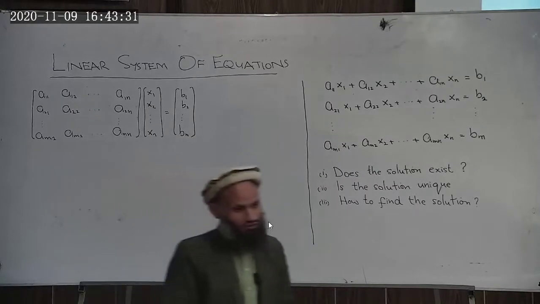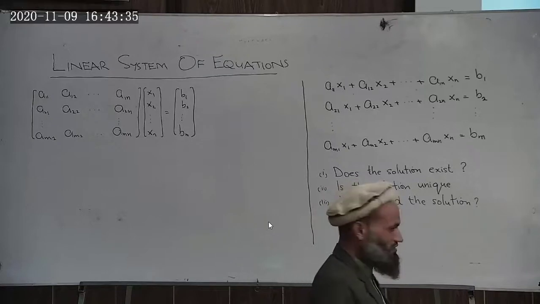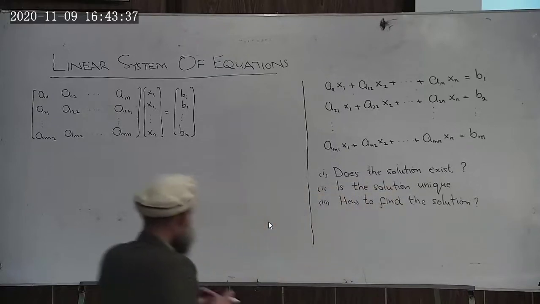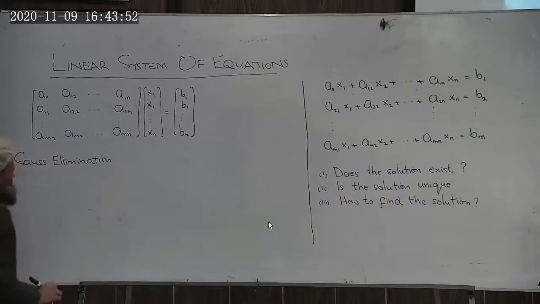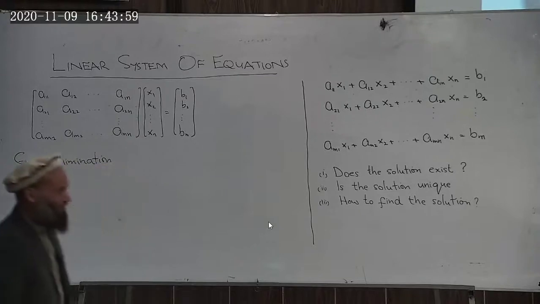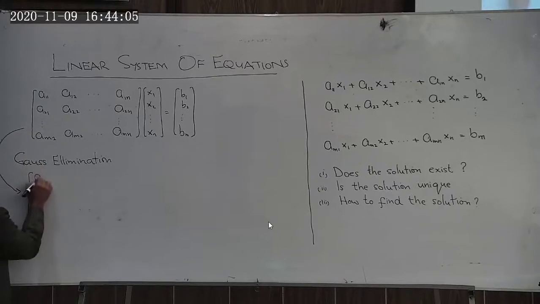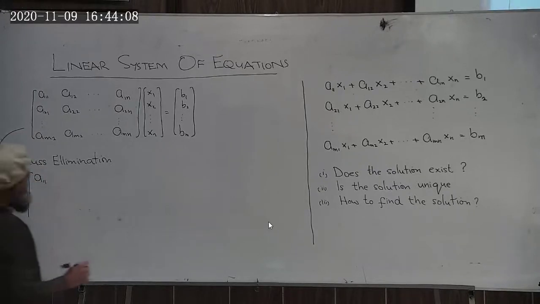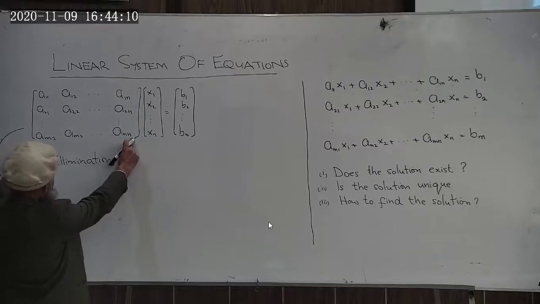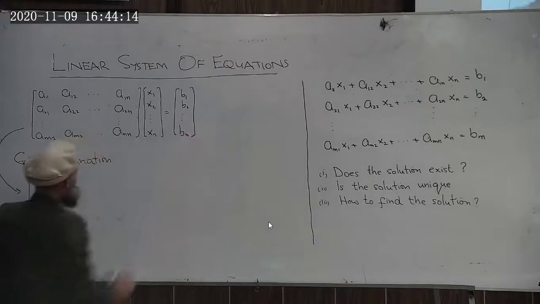So the procedure to get the solution to this system of equations is called Gauss elimination. With this approach, first we construct a matrix which is called the augmented matrix, and from here we construct this matrix which has the same coefficients which were there in this matrix, augmented with this right hand side.